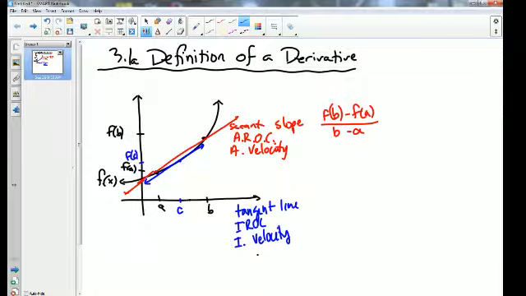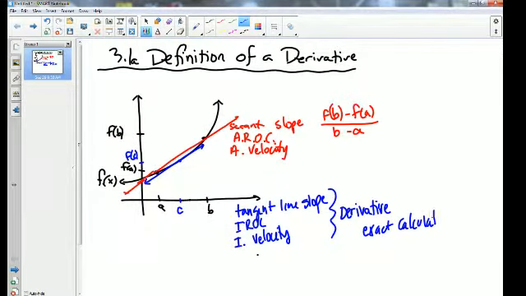This is called the derivative. What we're looking at is how do you calculate those exactly. We're going to start out doing it with limits these next 2 days.